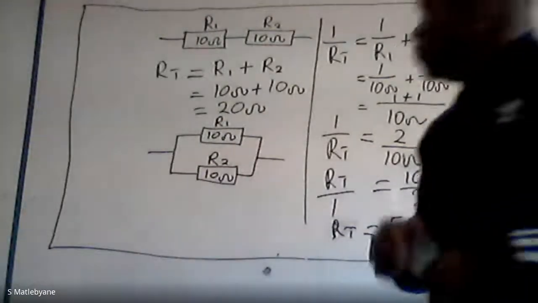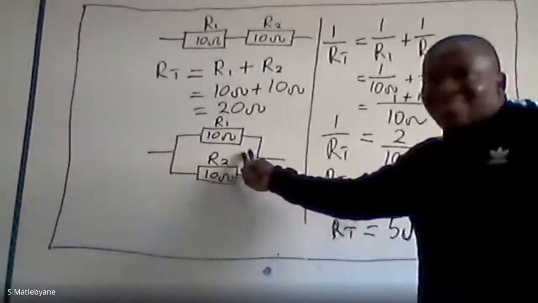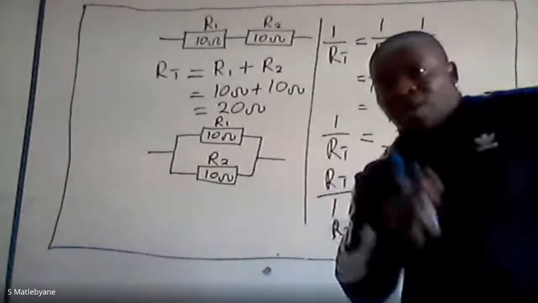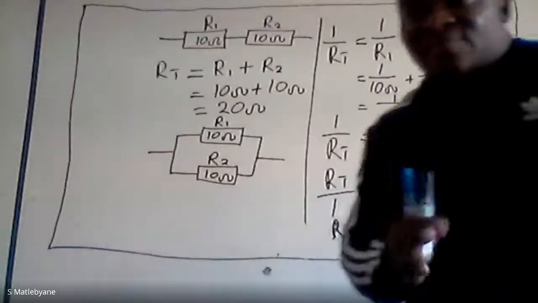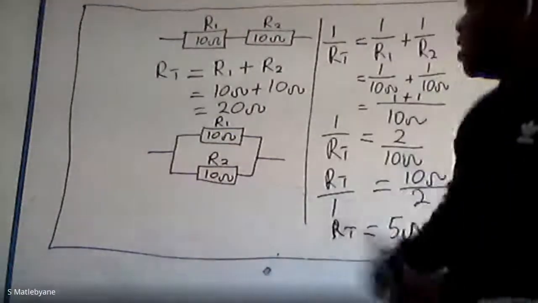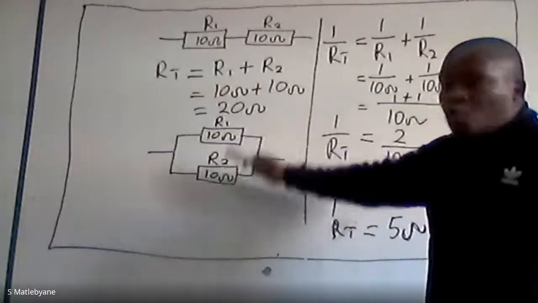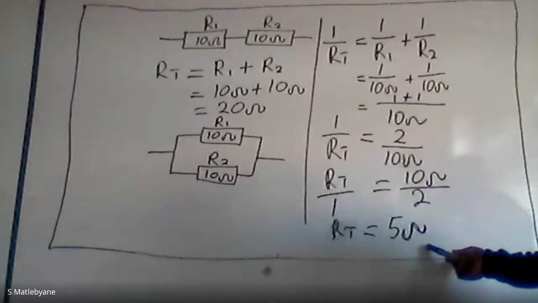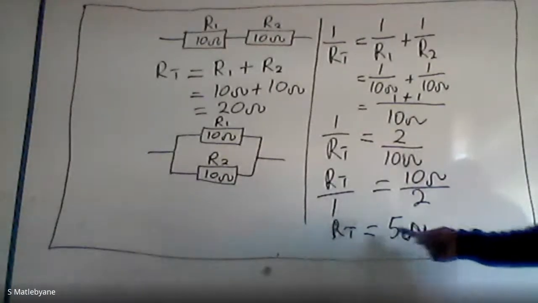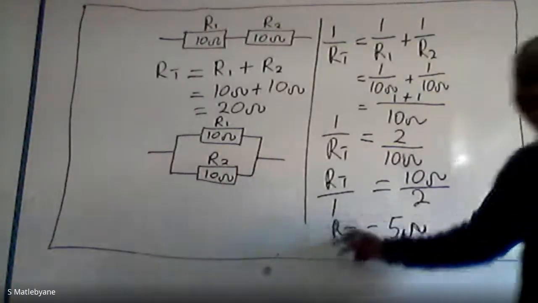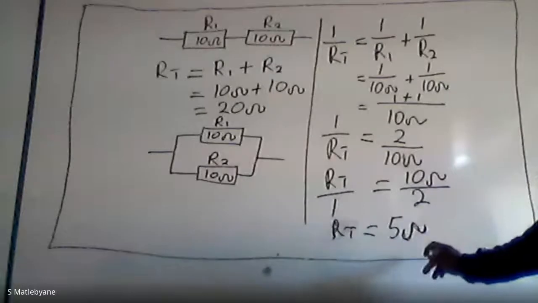So you can see when resistors are connected in parallel, if you go back to the slide, it says that the effect is to reduce the resistance within that particular circuit. Now look at the resistors, 10 ohms and 10 ohms, but look at the total resistance, 5 ohms. So it means that we are reducing the total resistance within that particular circuit.